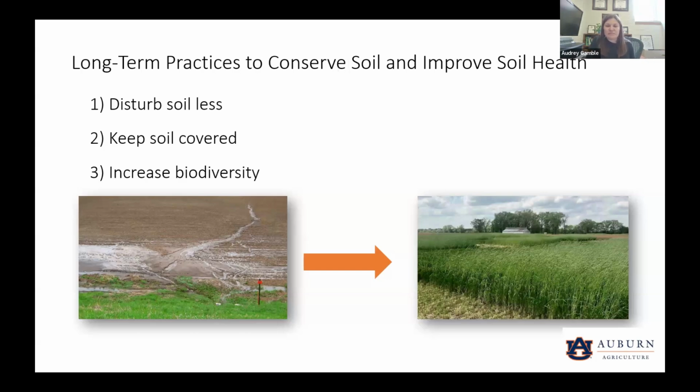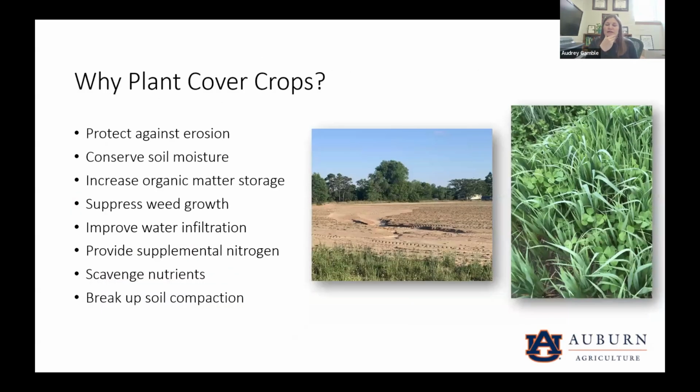So these principles, and cover crops is tied to all of them, help us to improve soil health in the long term. So cover crops, when we use them, especially in sync with reduced soil tillage, they perform a lot of different functions to help build soil health. So we know at minimum, cover crops, we want to use them to protect soil from erosion.